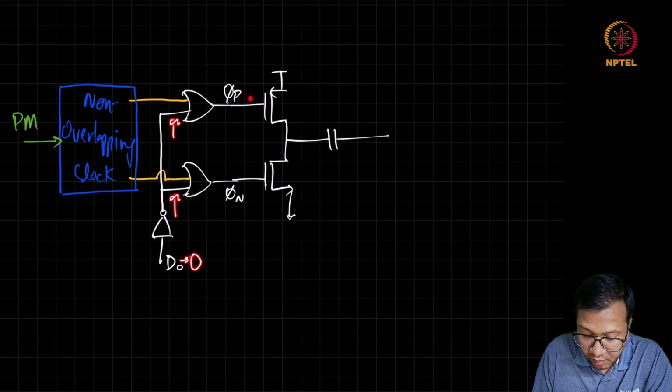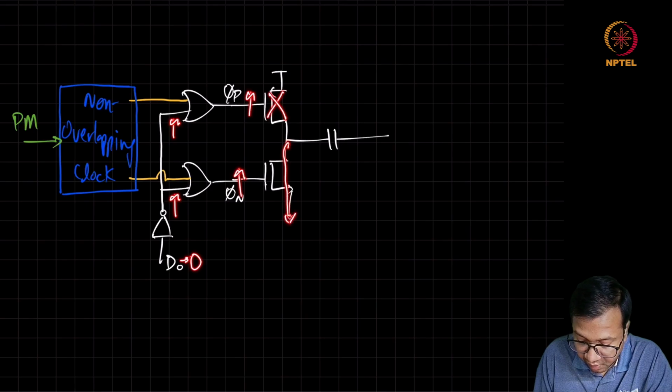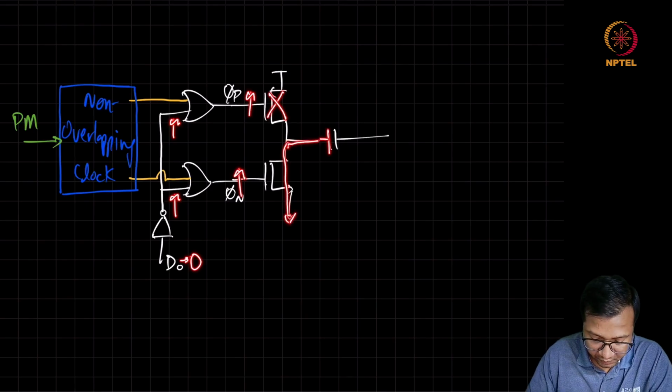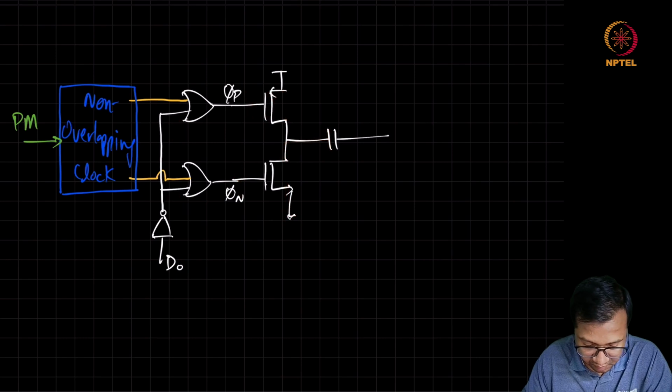So PMOS is going to be turned off, whereas NMOS is going to connect the plate of the capacitor to the ground. So by this simple selection circuitry, we are able to enable or disable switching of the capacitor.